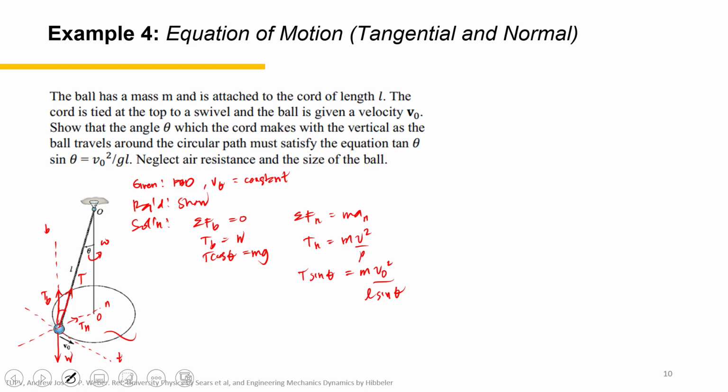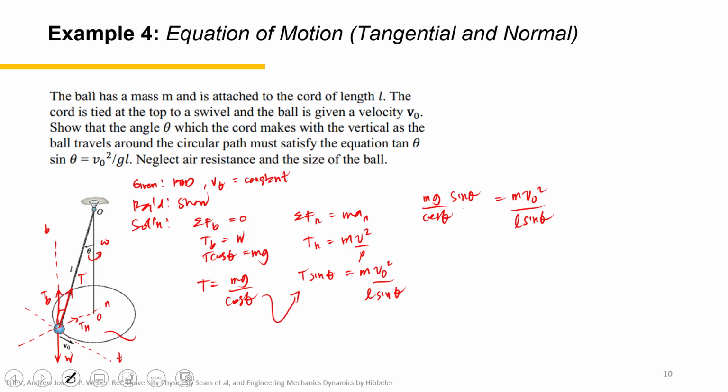Okay, so we have a tension. We can eliminate tension. Here the tension is equals to mg over cosine theta. We can substitute this one to eliminate tension. So that would be mg sine theta over cosine theta is equals to m v0 squared divided by L sine theta.